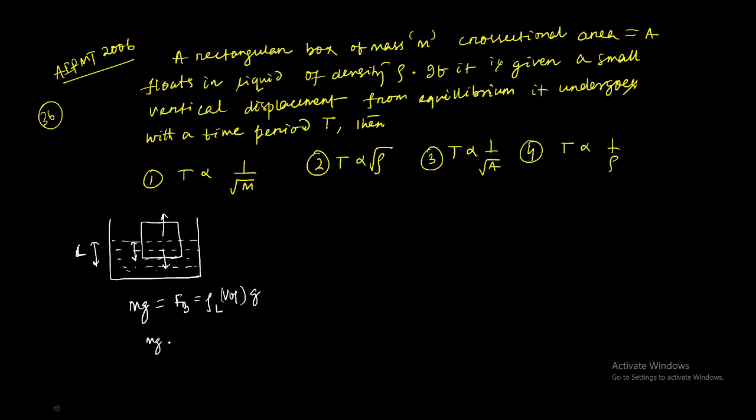So I can write mg equal to rho L, and the volume will be area into this length, into g. L is the length submerged in the liquid, the height of that rectangular box which is submerged in the liquid. So this will be your equilibrium condition.